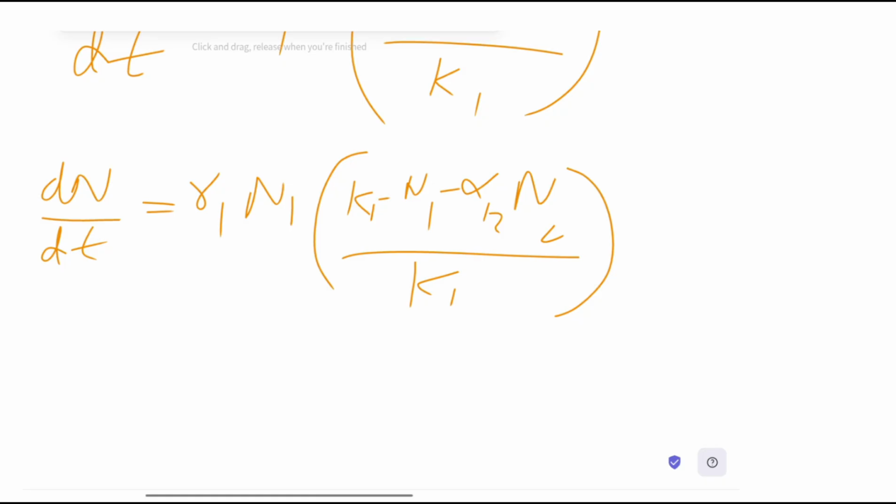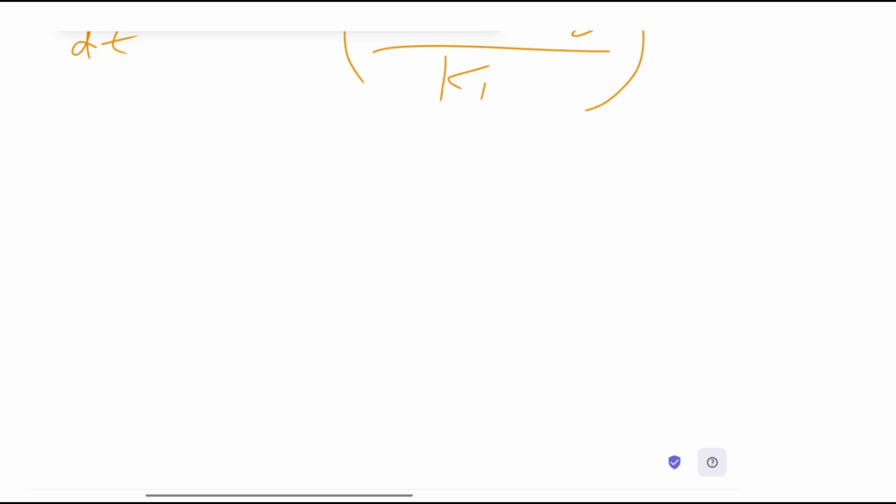So the logistic equation for species 2 will be like this. Let's note down the second equation for species 2.